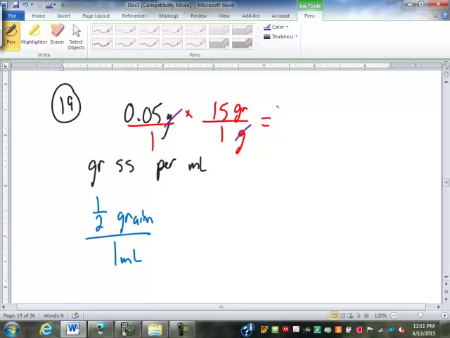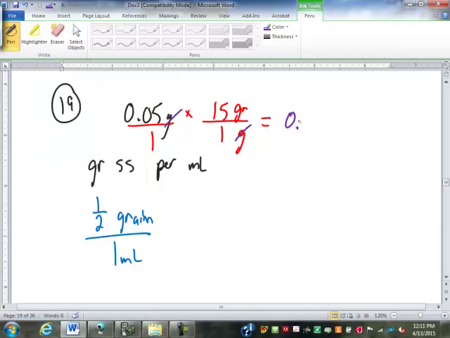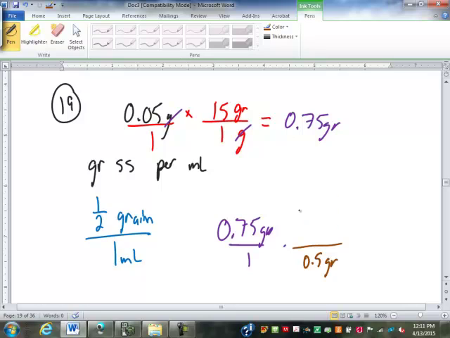So the grams cross cancel. 0.05 times 15 is 0.75. There we go. So now we're going to take our 0.75 grains over 1, and we'll convert. 1/2, I'm going to write as 0.5, per 1 milliliter.